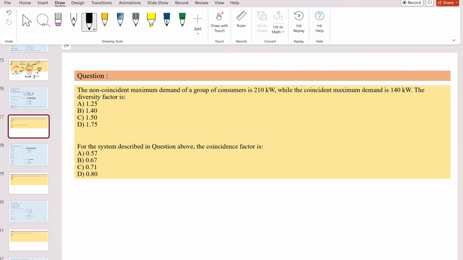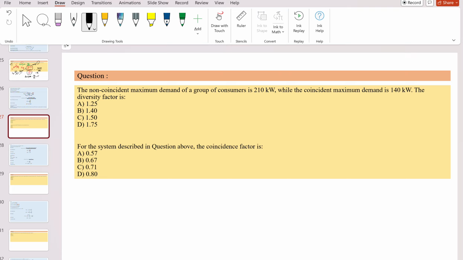Okay, try to solve this. Very easy problem, just from the previous things you can solve that.